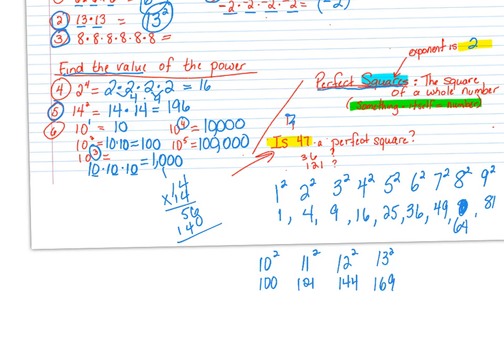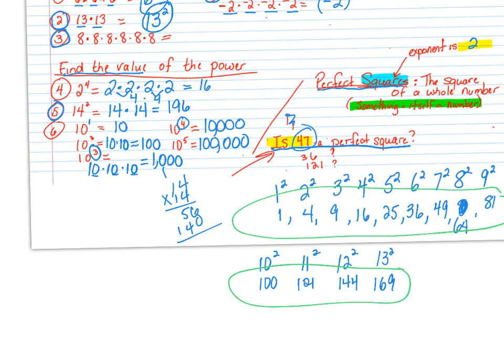Okay? So we have to determine, are these perfect squares? So look at this one. It says, is 47 a perfect square? Well, is there something times itself that gives you 47? Look at that list of numbers that we just did. These are all called perfect squares. These numbers here, something times itself.